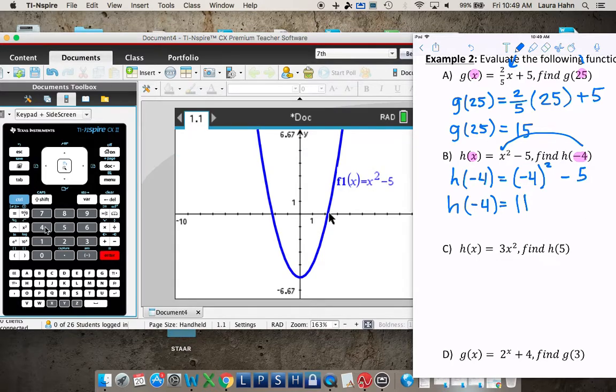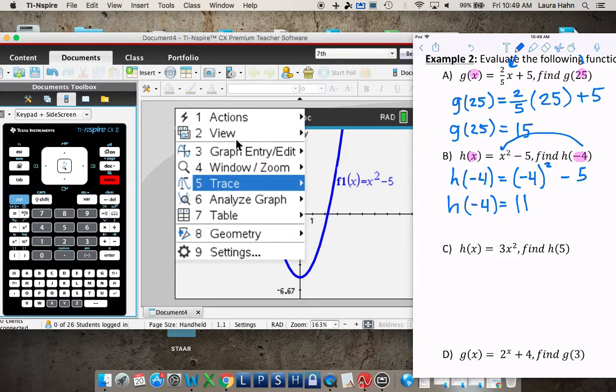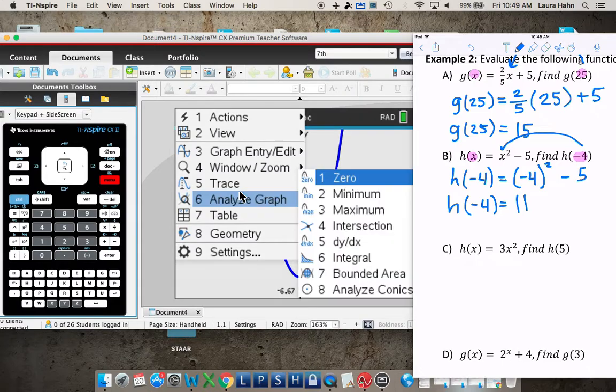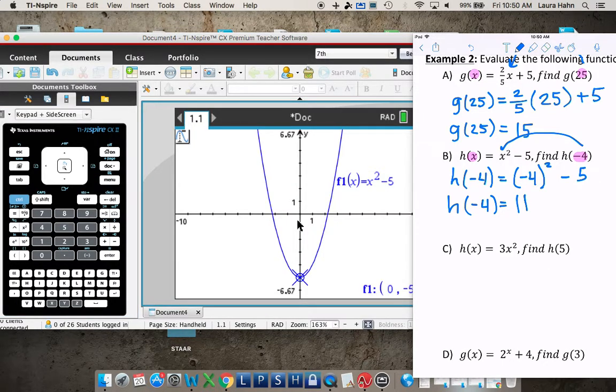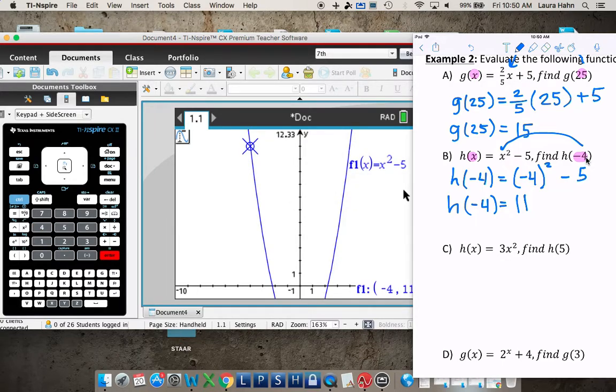All right, so now we're going to use trace to jump to where x is negative 4. So remember, to get to trace, we press menu, trace, graph trace. Notice it looks like an x, so as soon as I see that, I can type in any x value. And our x value is negative 4, so I'm going to type in negative 4 and click enter.